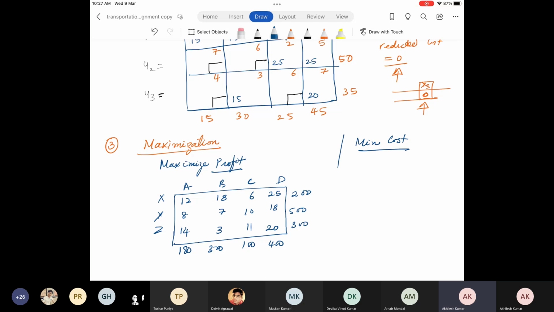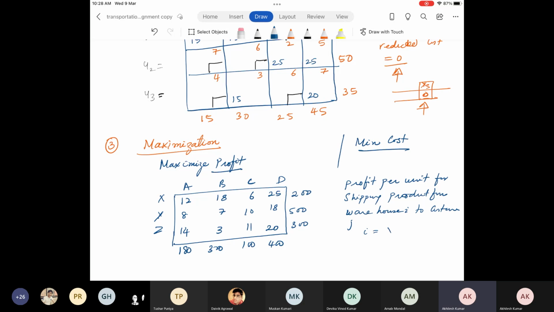So you have been given profit per unit for shipping product from warehouse i to customer j.